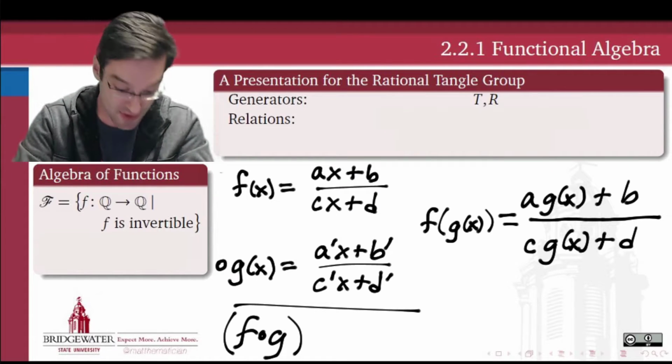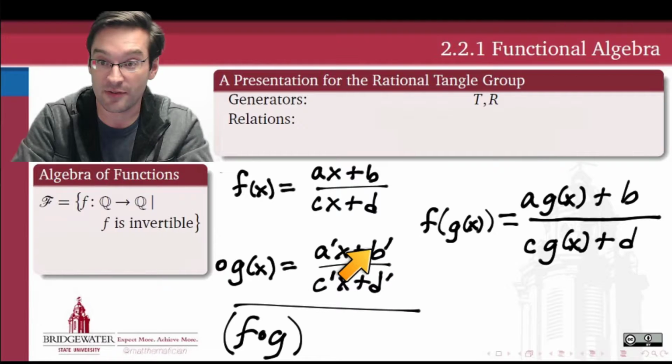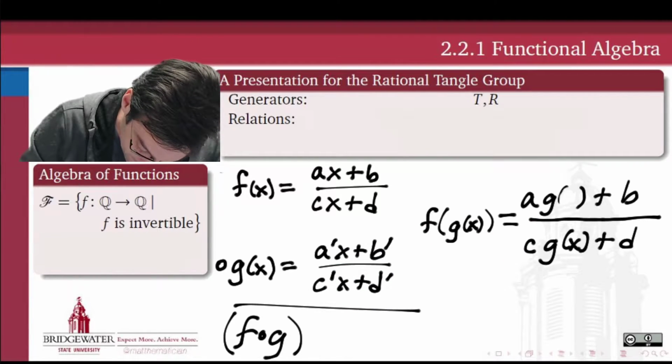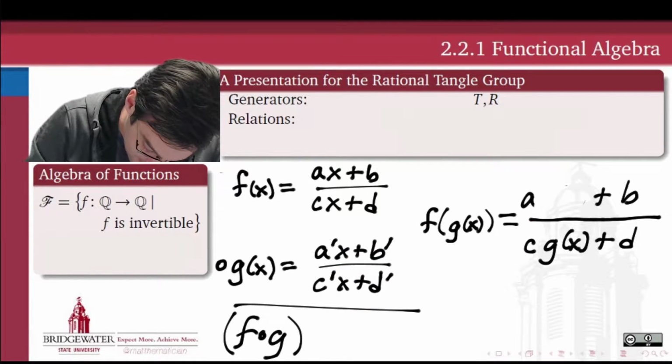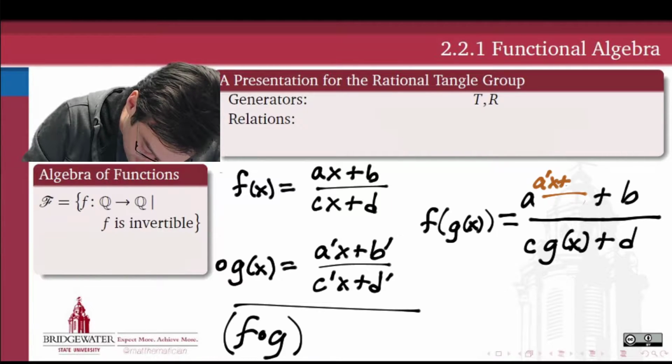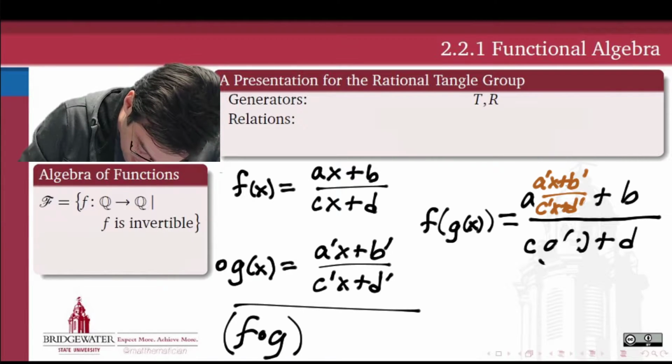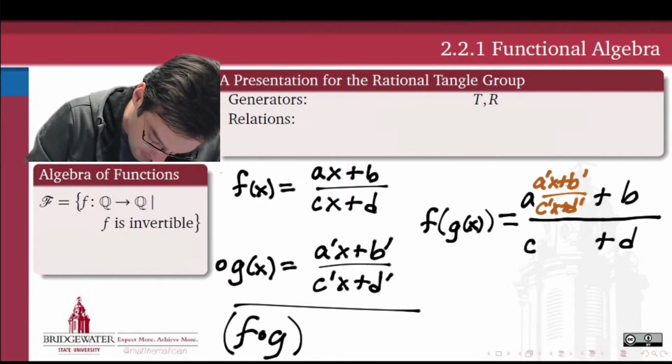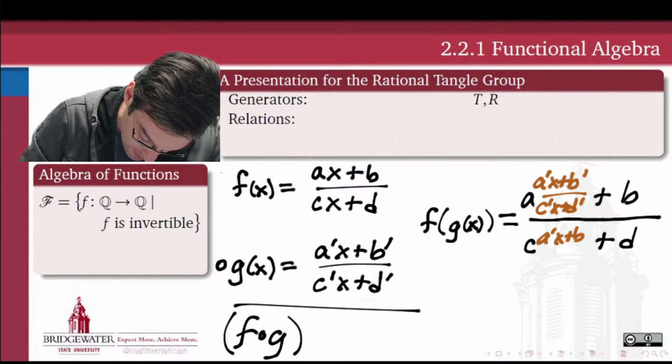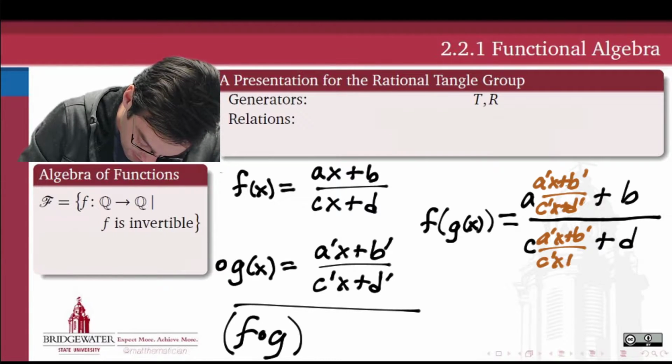And then I'll just substitute in for g of x the expression that defines g of x from over here. So in place of g of x, we'll have a prime x plus b prime over c prime x plus d prime. I'll put that in both places.